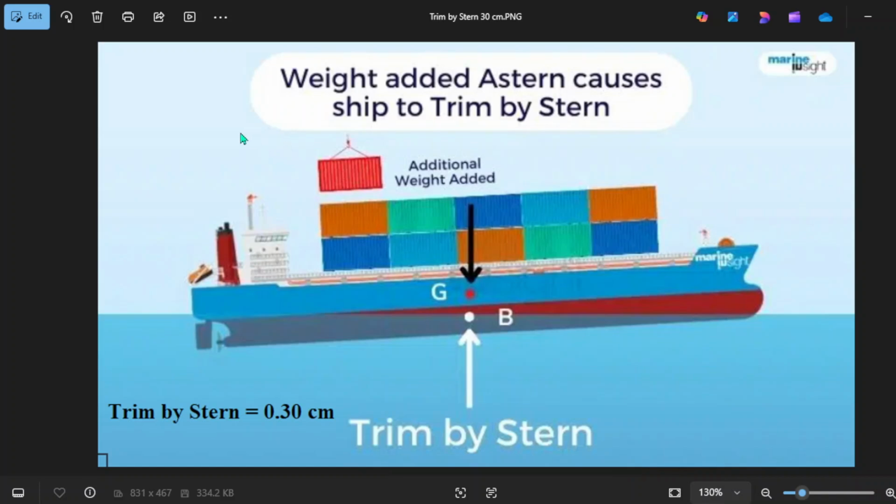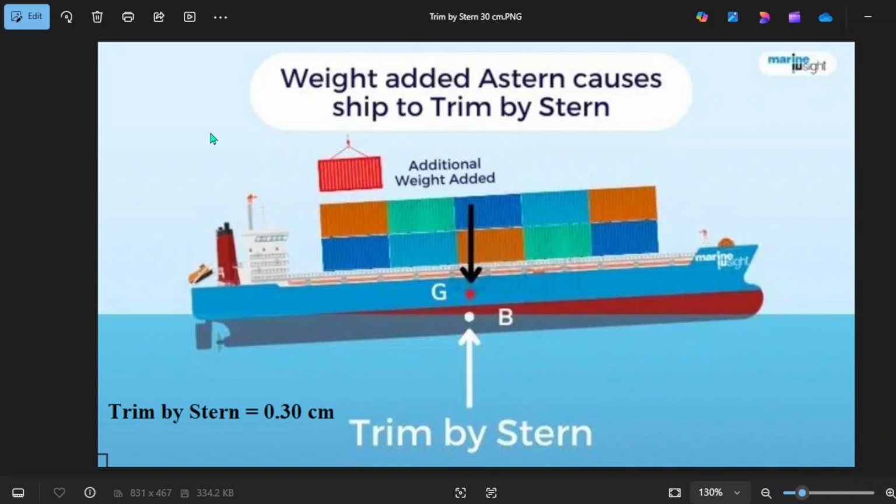Because you are going to put 470 metric tons of ballast water, the tendency of your vessel is to sink. It will also sink forward, because you're adding weight to your vessel. Wherever it is, if you add weight, the vessel will sink. So it will sink here and also sink here. That is what you call sinkage, or parallel sinkage.